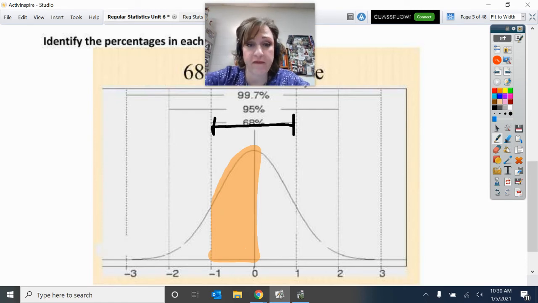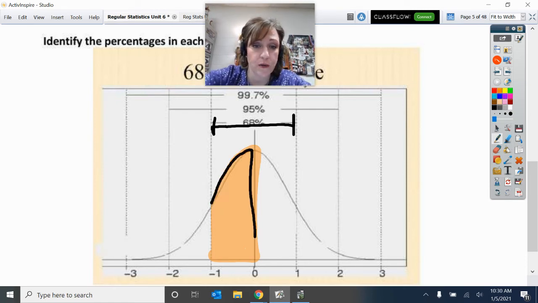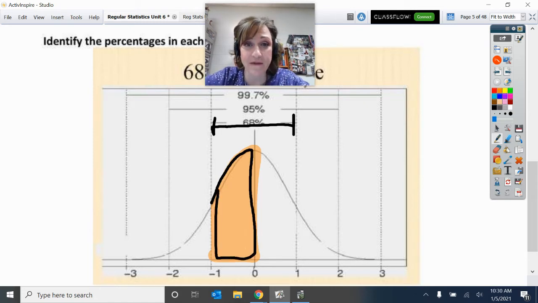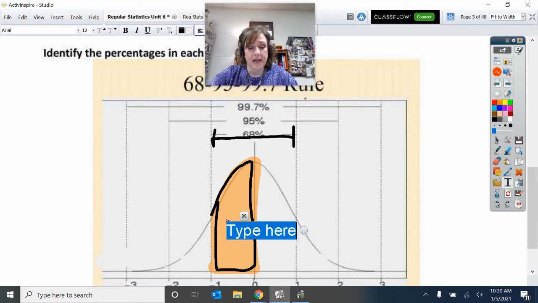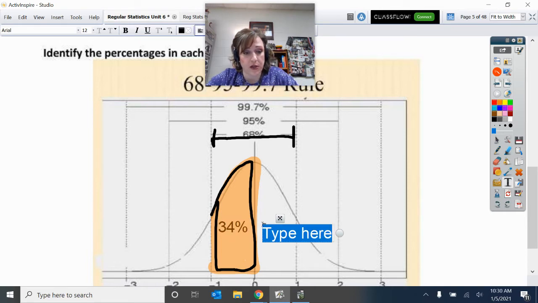So what is this? I can tell that that's half of it, so that's 34%. I'll write that in there. And then of course, here's this one, 34%.